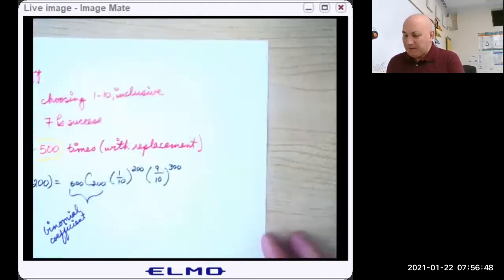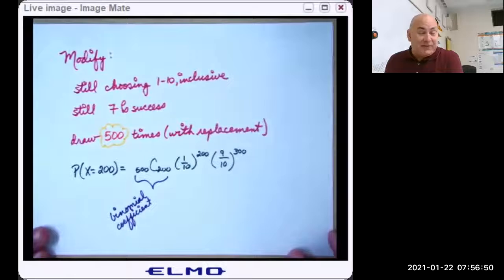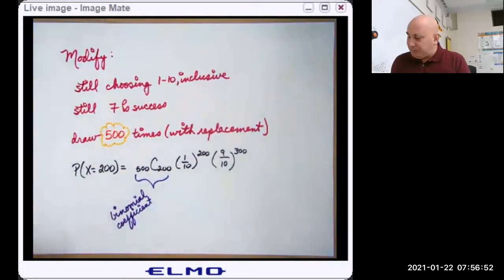Now, if we wanted exactly 200, can you see that that 200 rectangle is obviously going to be a lot smaller than 7.3%, because you have to spread that 100% over a lot more rectangles now. But we could figure out the probability.